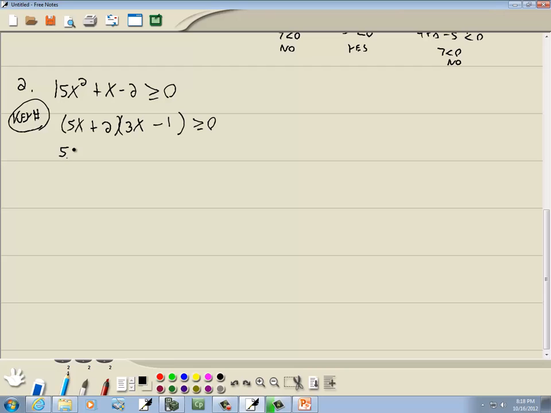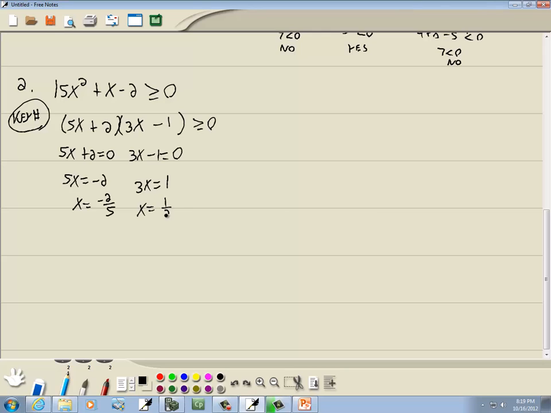So then we'll set each factor equal to 0. So we got 5x plus 2 equal to 0, and 3x minus 1 equal to 0. Now solve for x. So I'll take the 2 over, it becomes a -2, and we get x is equal to -2/5. Take the negative 1 over, it becomes a positive 1.